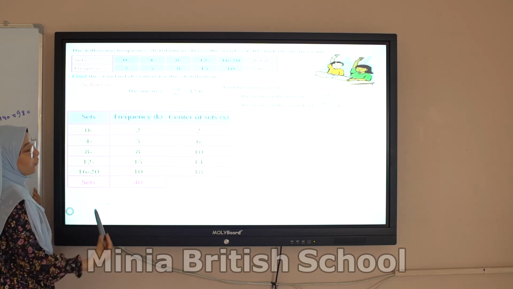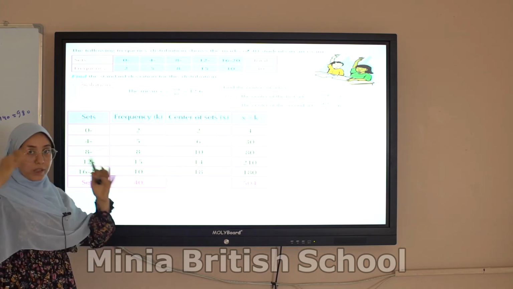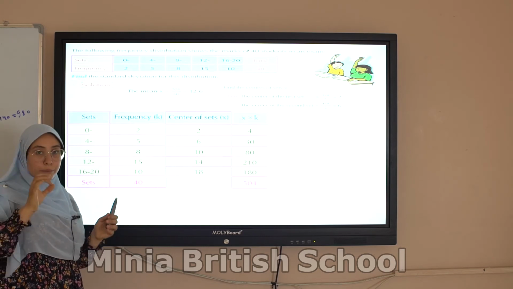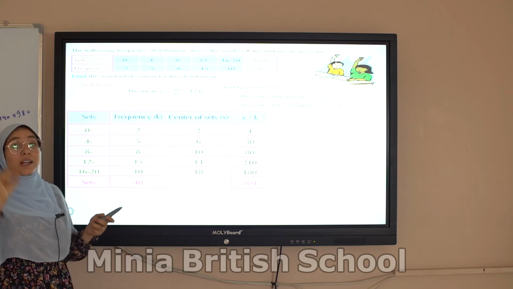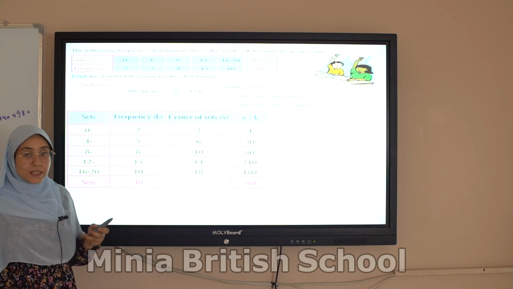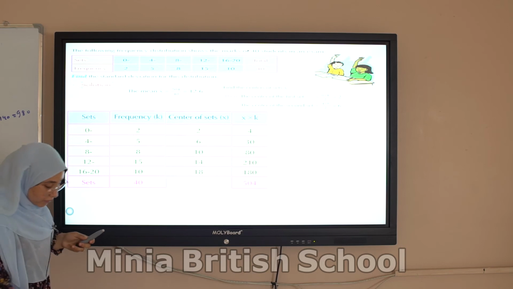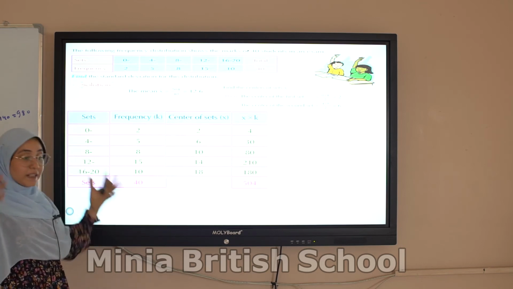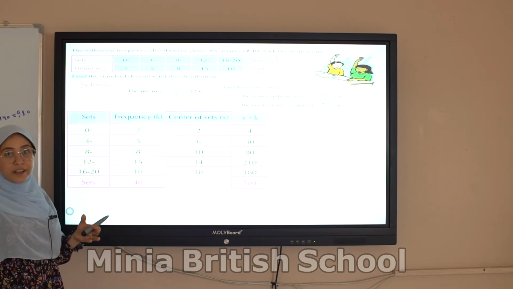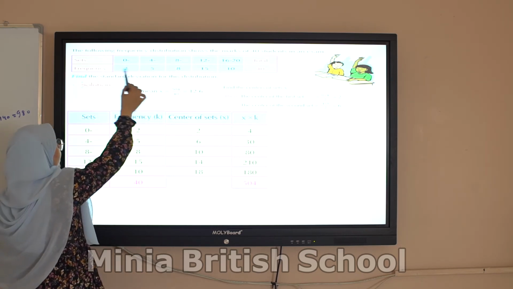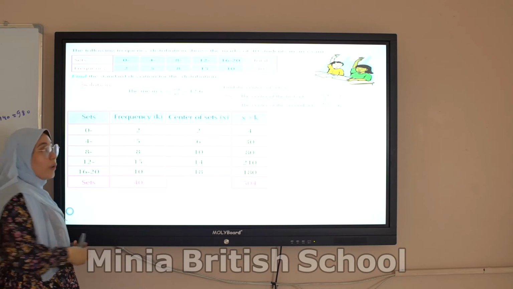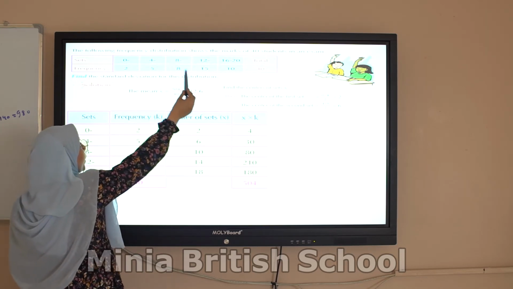Now I need to find the point. It's very important. This point is very important: how to calculate the center of the set. Here I deal with sets, not values. So the difference between each set is 4: 0, 4, 8, 12, 16.